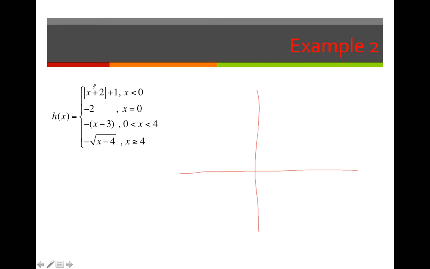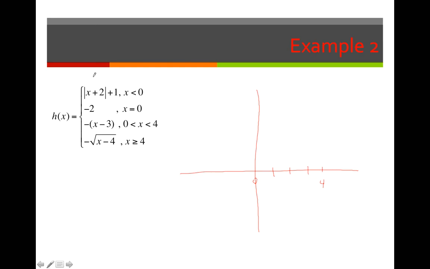Okay, so the absolute value function being less than 0. So we got a lot of stuff going on at 0 and at 4. So it's really only two numbers that we're dealing with here. So when we're going less than 0, we are at this absolute value function.